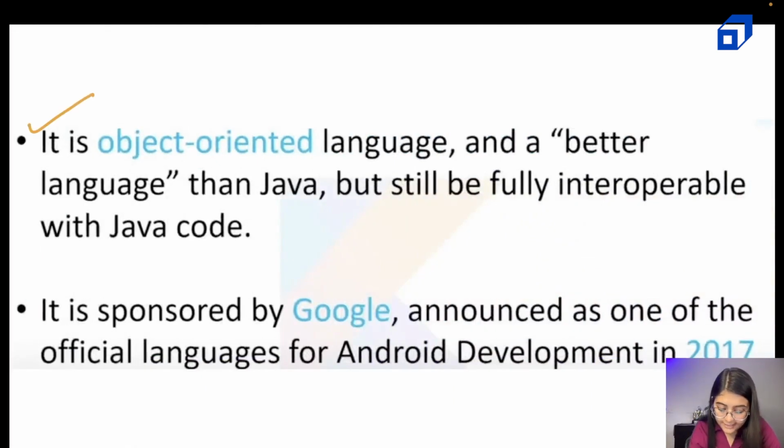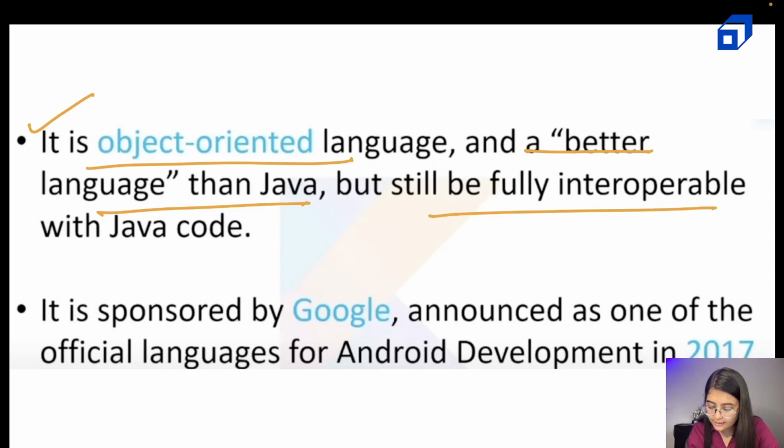And again summarizing, it is object oriented. Kotlin is an object oriented language and a better language than Java, but it is still fully interoperable with Java code. There are plenty of big live projects which have a mix of both files, Java files as well as Kotlin files.